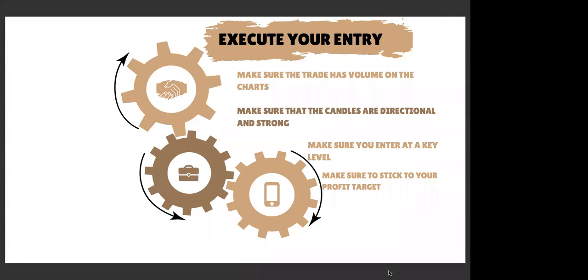Or what I like to teach people to do is if you have multiple contracts, once you hit your profit target, there's nothing wrong with scaling out. And if you have enough contracts, leave some runners. That way, if it breaks above another level, you can continue to make money, but you're not risking every dollar that you put into that trade, okay?